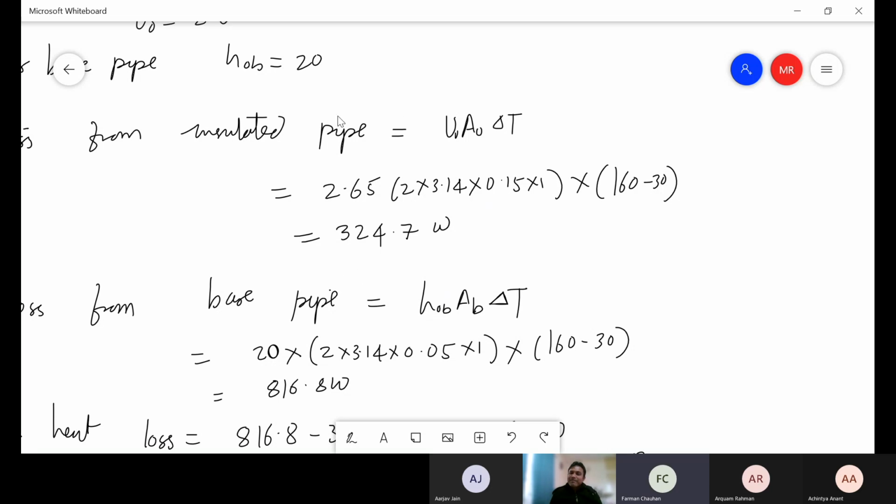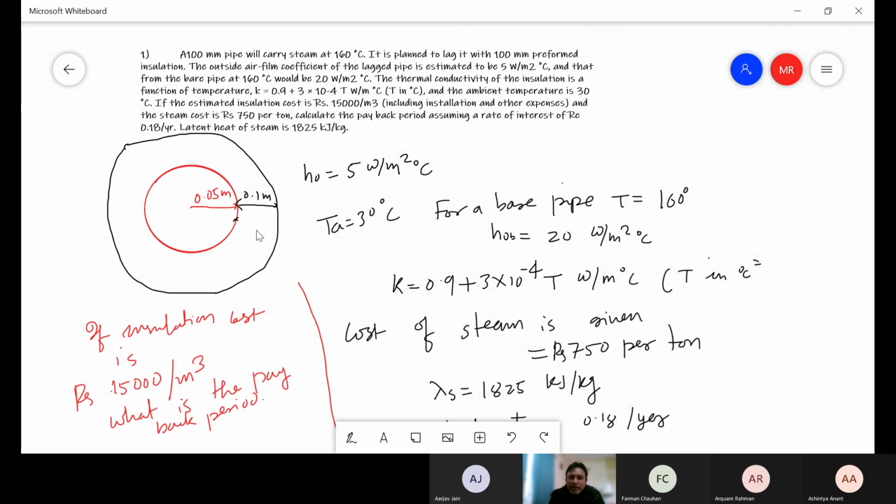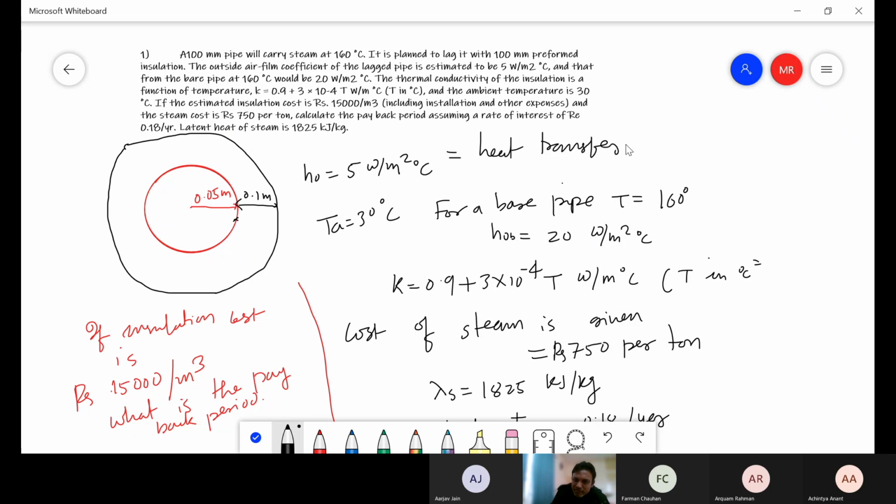Yes, sir, that's clear. Okay. So don't get confused with this. H_0B is not the inside heat transfer coefficient. No, not at all. This is the heat transfer coefficient of the bare pipe. H_0 is the heat transfer coefficient outside with insulator.